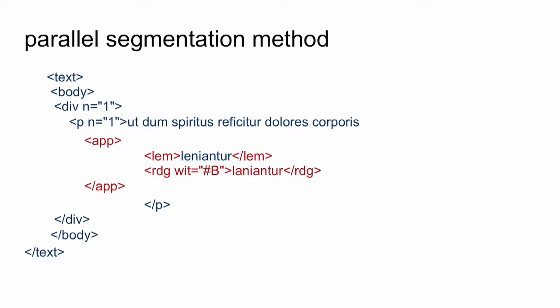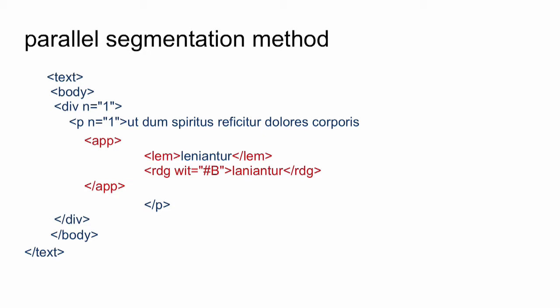Here, for instance, just after corporis, you will have the apparatus entry containing lem with leniantur, the word that we want to see in the main text, and a reading, rdg element with laniantur, the reading of manuscript D, attached to manuscript D with the wit attribute.